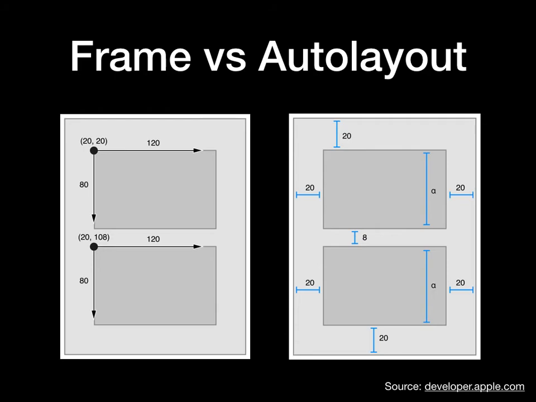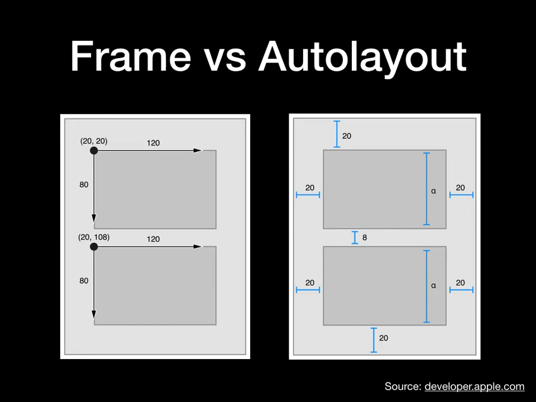So that's a difference, and the reason we chose auto layout and not frames is that frames can be very manual, and they're also not very flexible. With a frame, you're saying, I want to be 20 pixels away from the left-hand side. But what if your screen size is smaller? Maybe 20 pixels is too much and it's not completely in view of your phone.